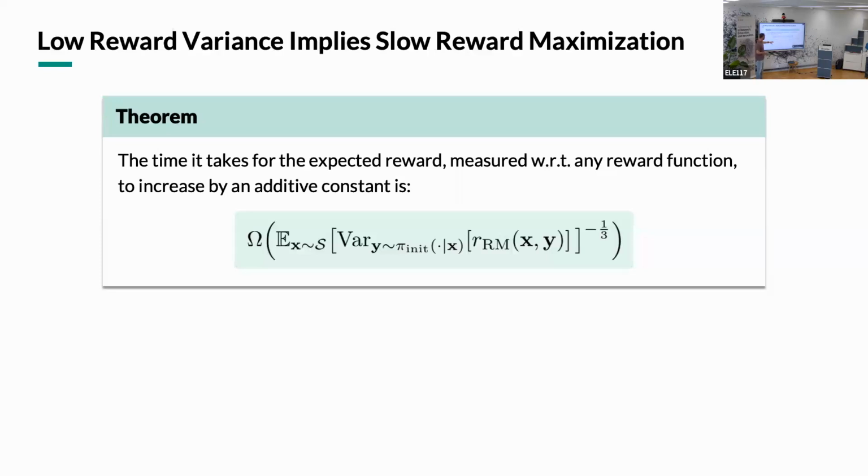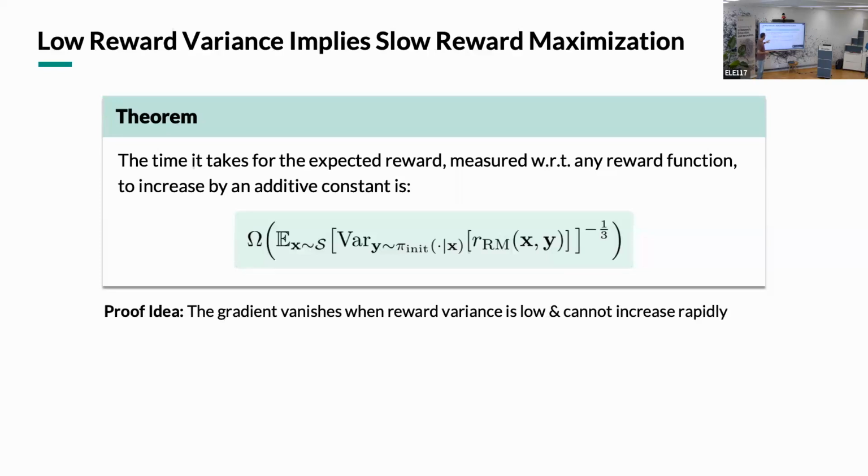All right, so why this happens, this is due to the objective landscape that these policy gradient methods induce for language models. Specifically, we had a question about the power of 1/3. I'm not sure this is fundamental. I think you can improve this to square root. In a simplified setting, actually the bound that you get is -1/2, and I think this is the correct rate.